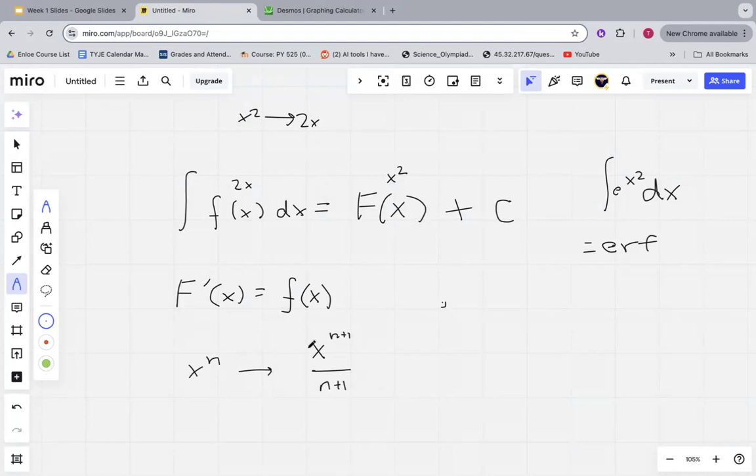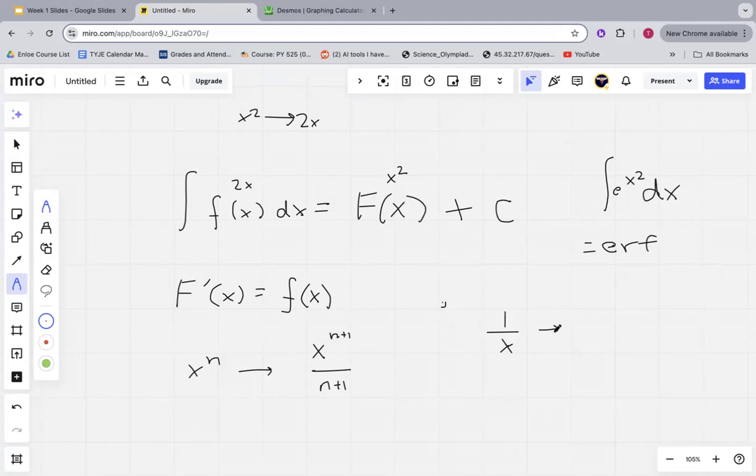And this is just because if you take the derivative of this, the n plus 1 comes down, cancels with this here, and then this gets decreased by 1 back to x to the n. This doesn't work for n equals -1. The n equals -1 case is the 1 over x case, right? And we know that the derivative of natural log is 1 over x.